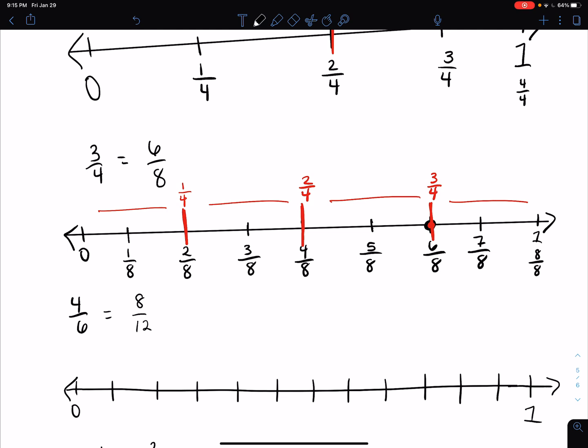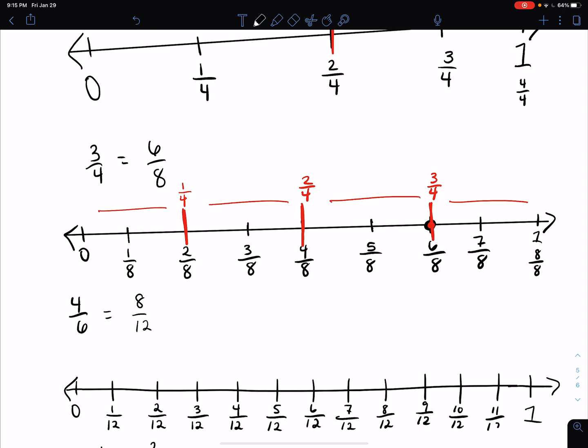So I'm just going to go ahead and label those. 1 twelfth, 2 twelfths, 3 twelfths, 4 twelfths, 5 twelfths, 6 twelfths, 7 twelfths, 8 twelfths, 9 twelfths, 10 twelfths, 11 twelfths, and again, you could put 12.